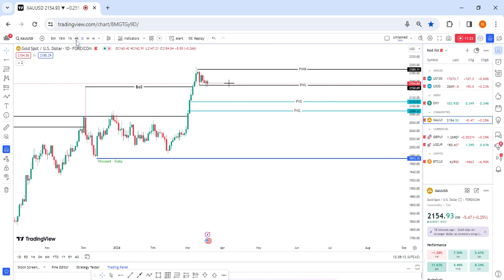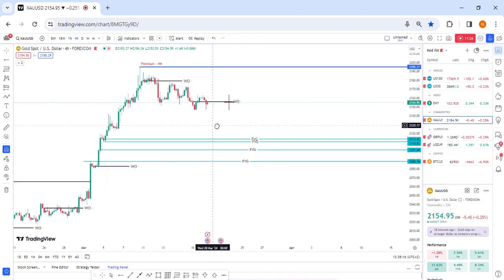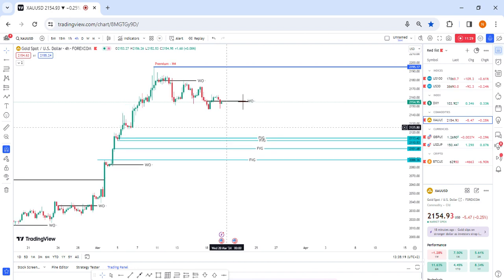All right, let's go to the 4-hour. So again, we can see a fair value gap on the 4-hour, which feeds into this daily 4-hour fair value gap.